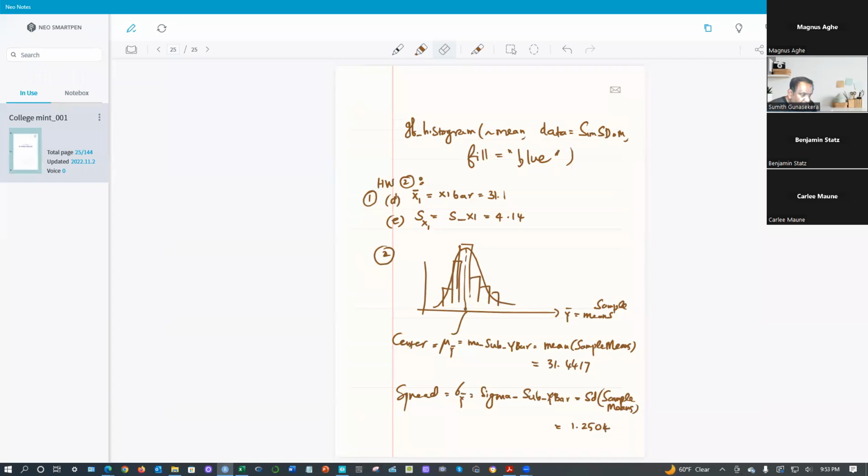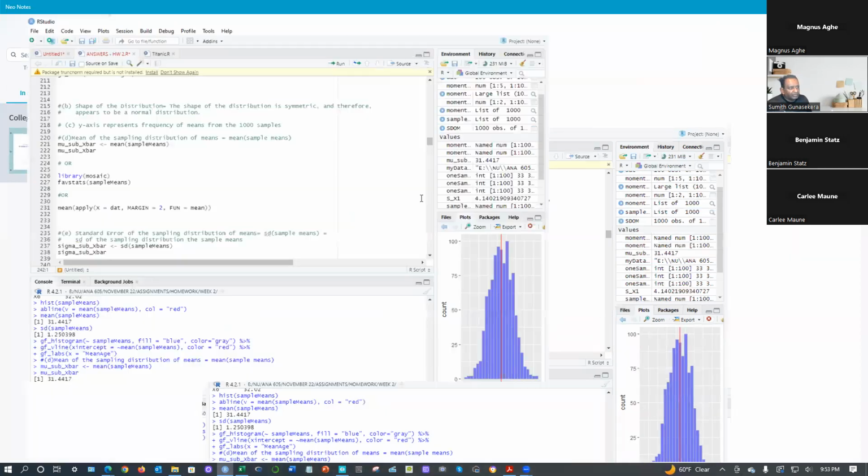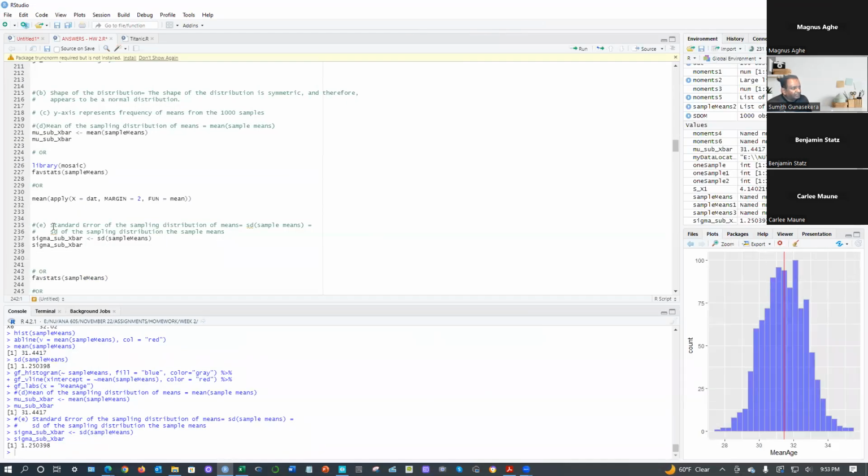That's the standard error. The standard error means sigma sub x bar.